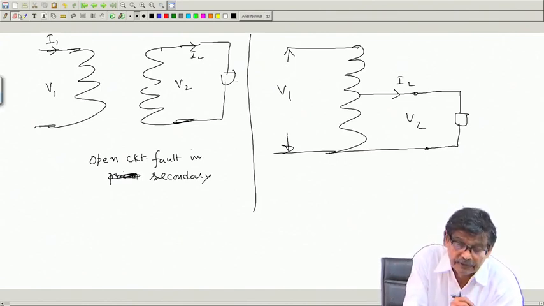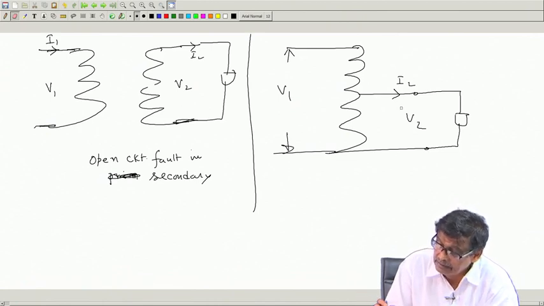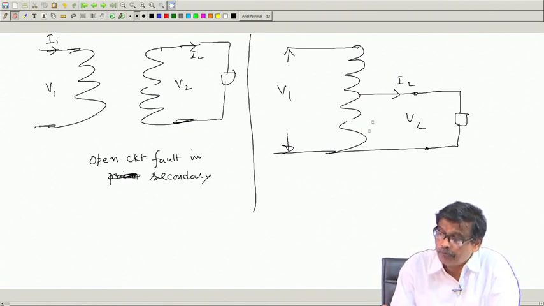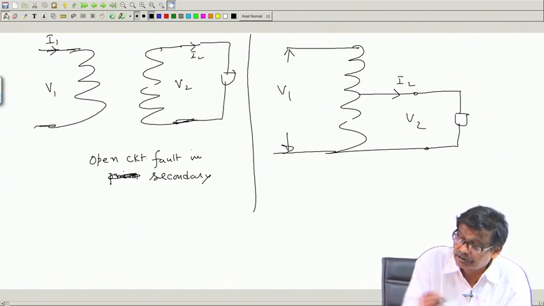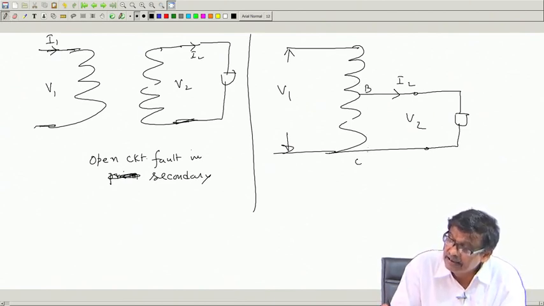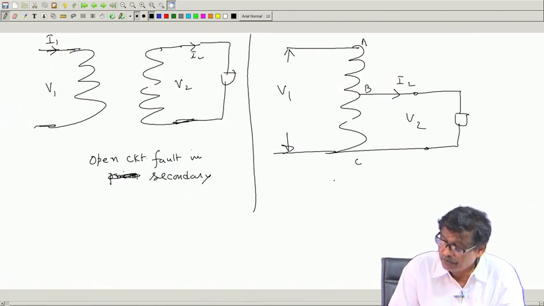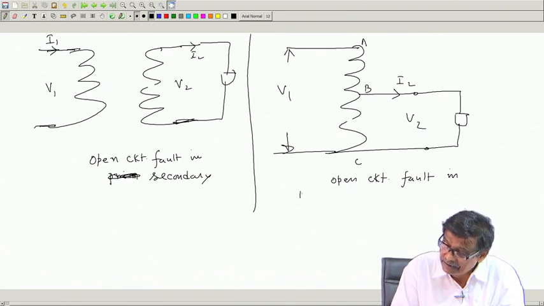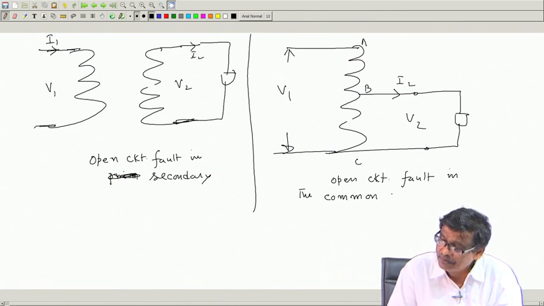Suppose it is doing like this, but what happens is this: an open circuit fault takes place in the common portion of the winding, that is the B C portion. Suppose there is an open circuit fault inside the transformer, in the common portion B C of the winding.